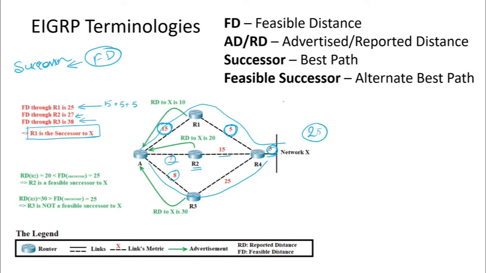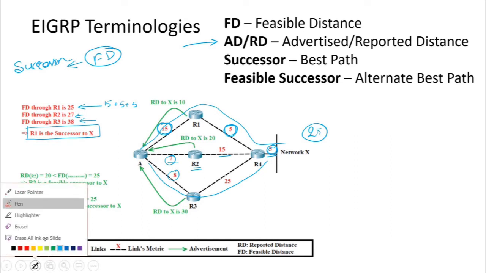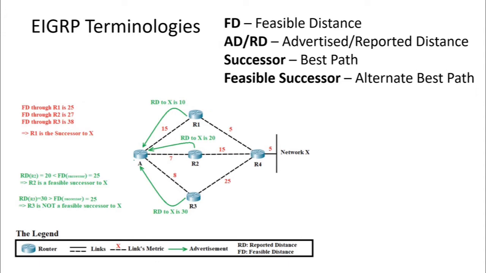Another thing is, what is the alternate best path? No, not alternate best path. We are discussing the AD value. What about the advertised distance? So advertised distance is always from the next hop. Next hop means that we are calculating from A, right? So what is the next router?